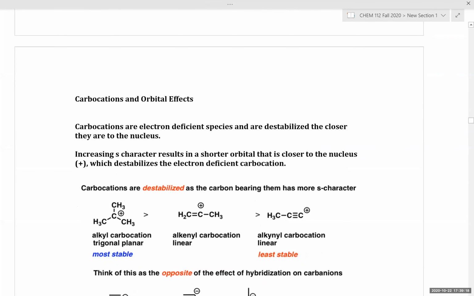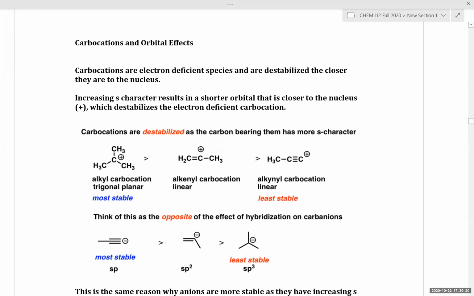So let's talk now about orbital effects. Just like radicals, carbocations are electron deficient species. And if we think about what the nucleus really represents, our nucleus is just a bundle of positive charge, in essence.